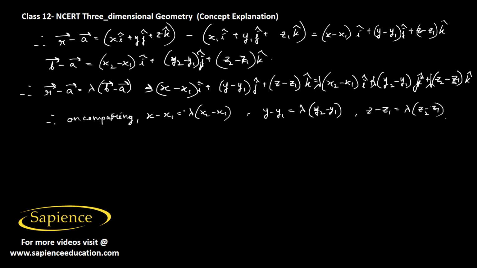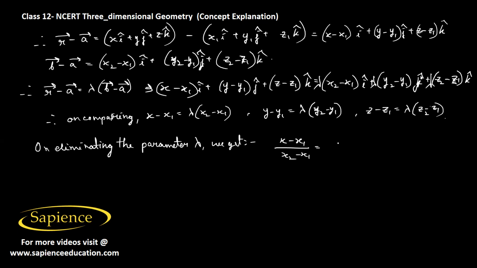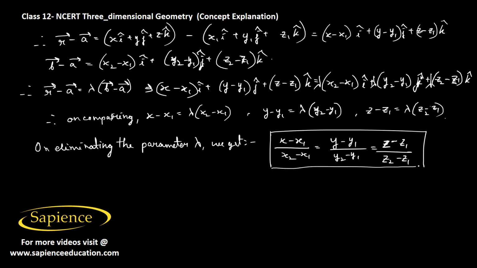Now on eliminating the parameter lambda, we get x minus x1 by x2 minus x1 equals y minus y1 by y2 minus y1 equals z minus z1 by z2 minus z1. So this is the required Cartesian equation of the line.